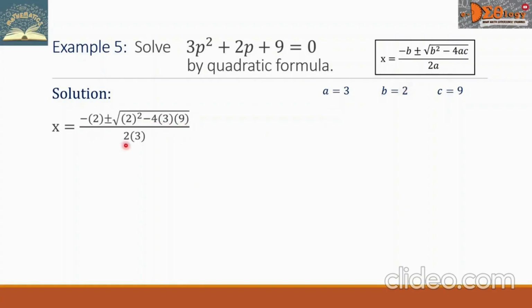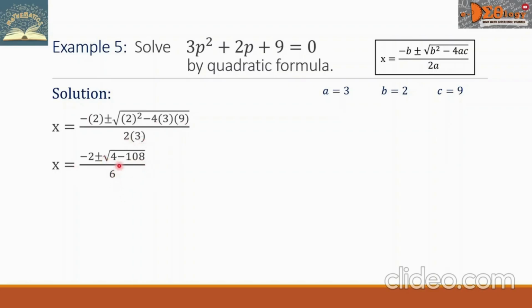So we have 2 times 3. We simplify further. This negative of 2, we simply write minus 2 or negative 2 plus or minus the square root of 2 squared is 4 minus the product 4 times 3 times 9, and that will be 108 all over 2 times 3, that is 6.